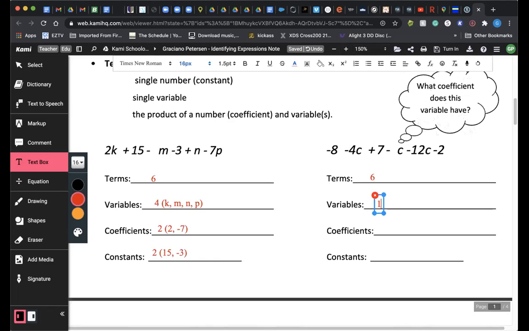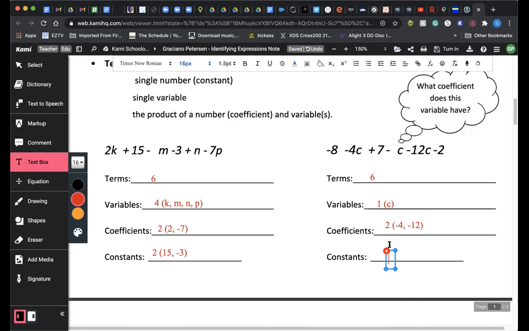Just 1, the letter c. That's our only variable. How many coefficients do we have? Only 2. What are they? Negative 4 and negative 12.